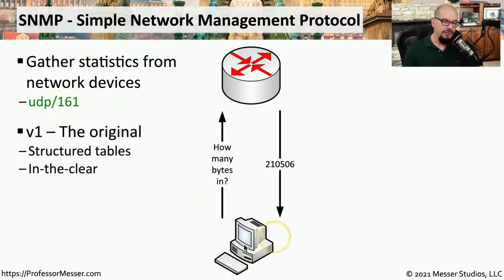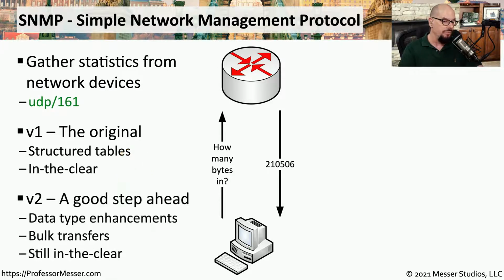The SNMP service that you're using to query these devices can use different versions of SNMP. The original version is version 1, where there are very structured tables and all of the communication is sent in the clear over the network. There was an update to version 1 called version 2 that allowed for bulk transfers of information, but it still sent that information across the network without any type of encryption.